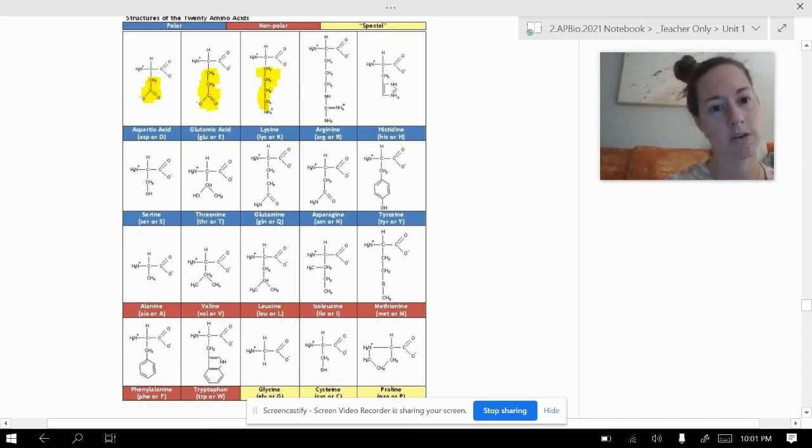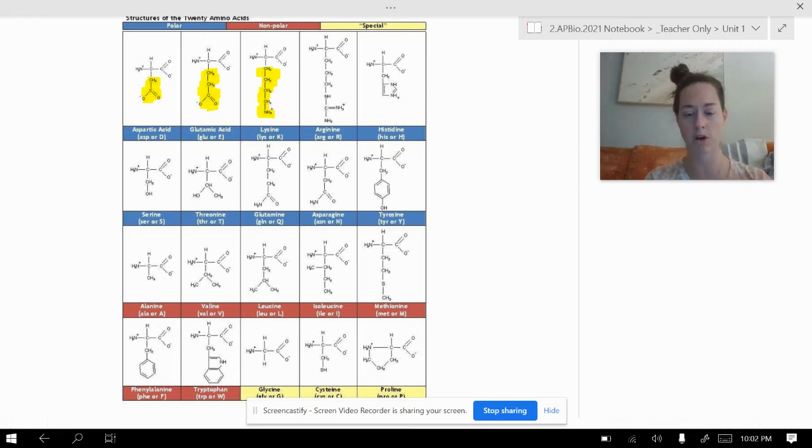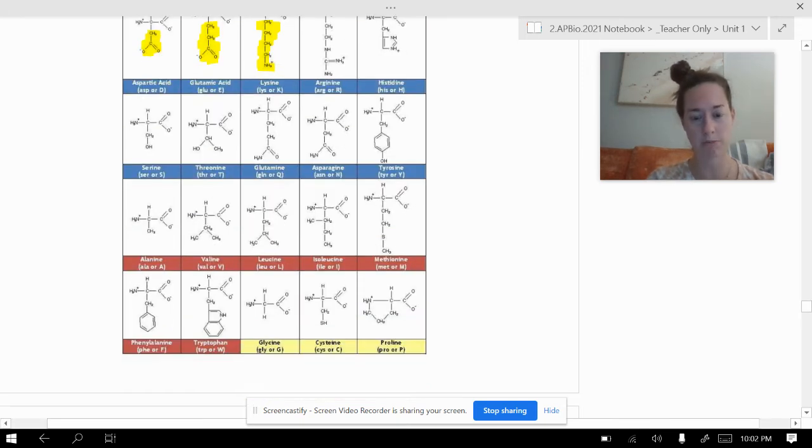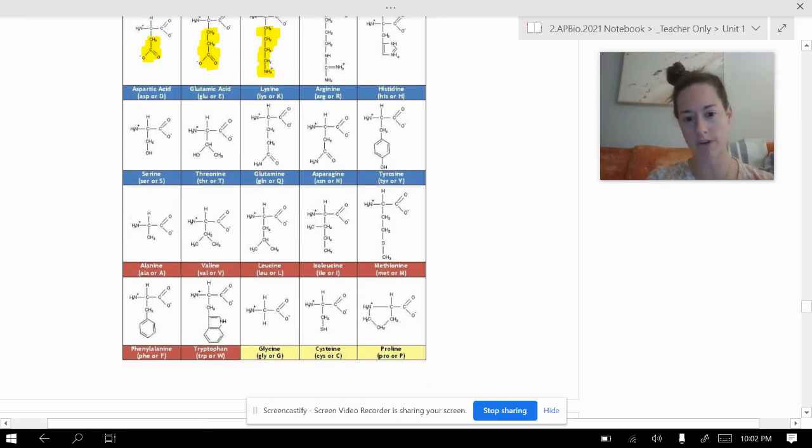You can see that some of them are way bigger than others. And this chart also has them labeled by polar or nonpolar or special. So that's going to be important for when we fold the proteins in a couple minutes. The R groups and their properties are really important for their ability to fold in the correct way.